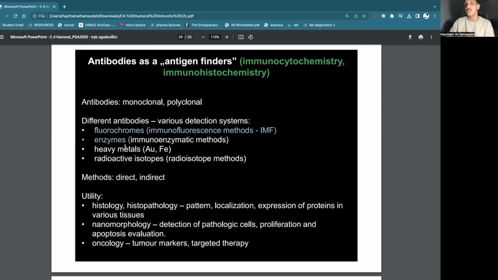The indirect is using just an additional antibody: capture, antigen, detection, and then the secondary, okay?